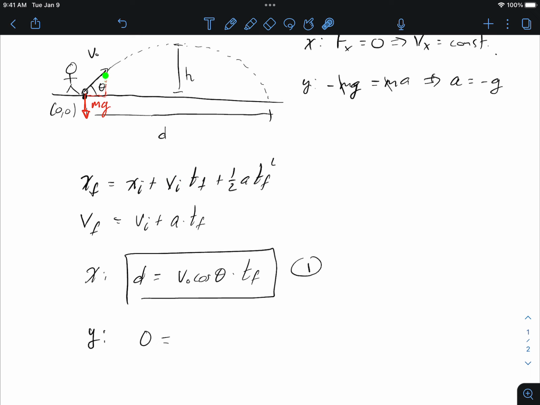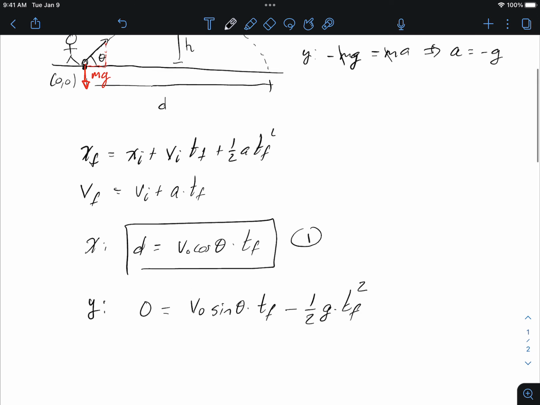That's going to be this component. That's going to be v0 sine theta because it's opposite of the angle. So v0 sine theta times tf. And then for this term here, the acceleration is minus g, so I'm going to have minus 1/2 g times tf squared.